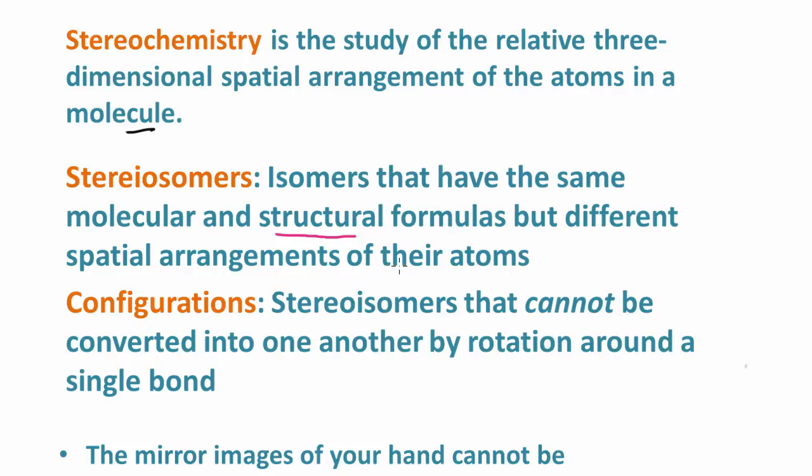So they basically differ in the arrangement of the bonds in three-dimensional space. Same connection of atoms, same molecular formula. And then we talk about configurations. And these are stereoisomers that cannot be converted into one another by rotation around a single bond.